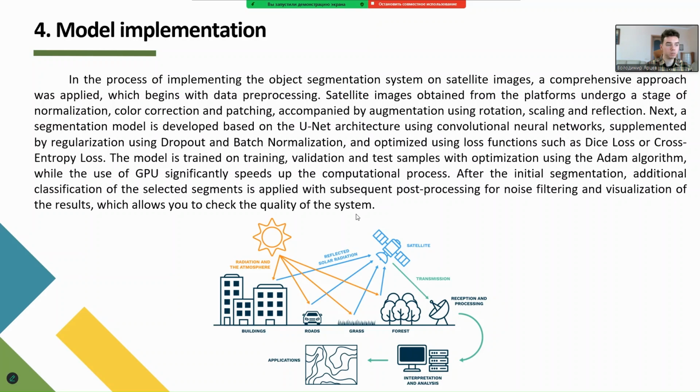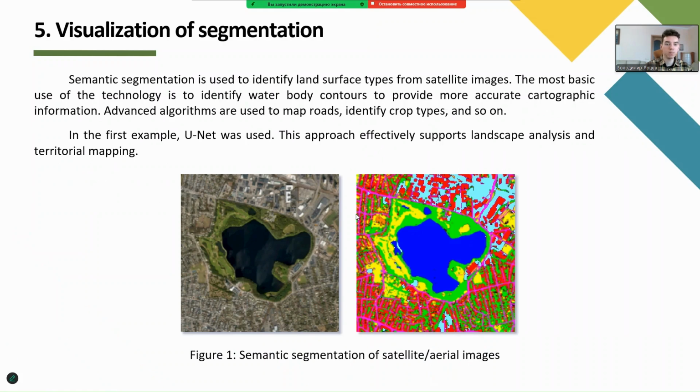After the initial segmentation, additional classification of the selected segments is applied with subsequent post-processing for noise filtering and visualization of the results, which allows you to check the quality of the system. Semantic segmentation is used to identify land surface types from satellite images.